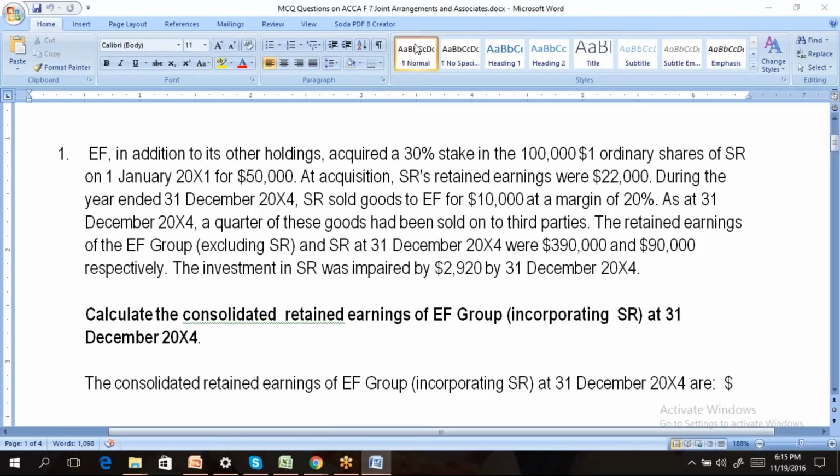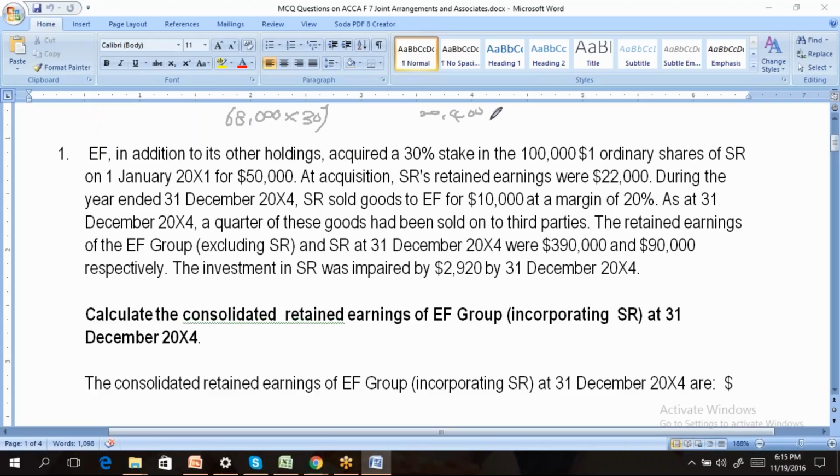So I'm going to put it up here. Post acquisition profits, the parent's share, is 30% of 68,000, that is 90 minus 22. 20,400 is our post acquisition share. Then they say it has been impaired by 2,920.